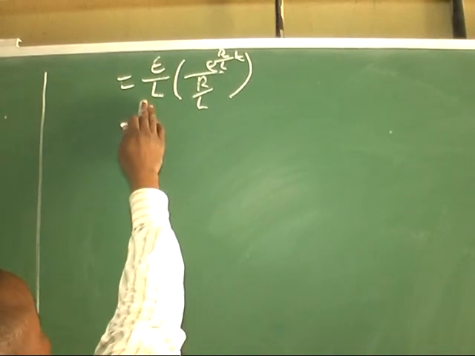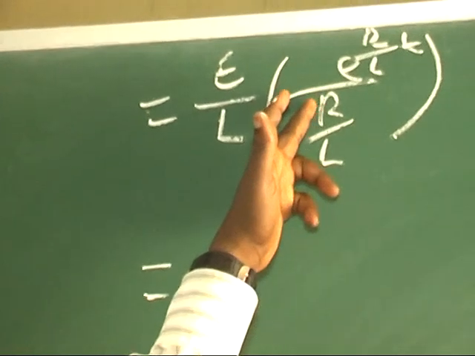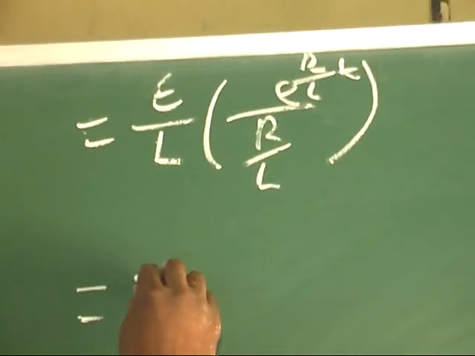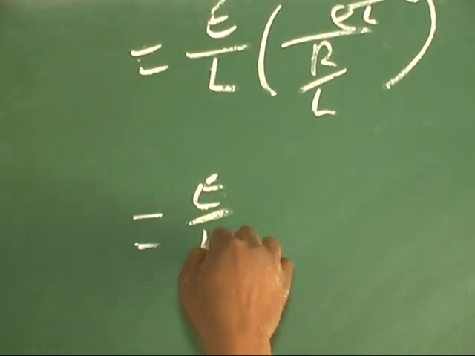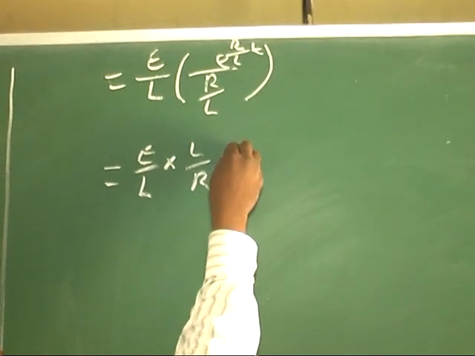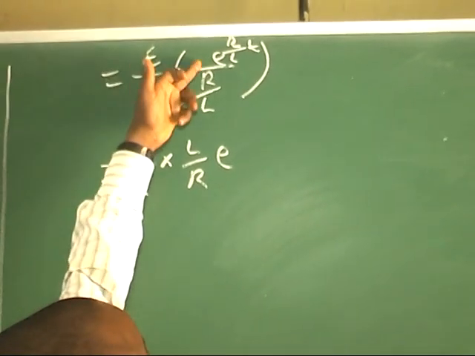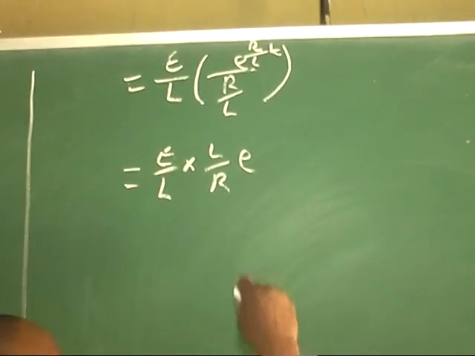If you times this, see what we have. By the time you times this one, we'll get something like L over R, times E over L. Because this one is up here, by the time you invert it, L will cancel this.